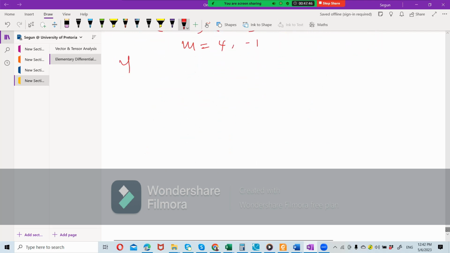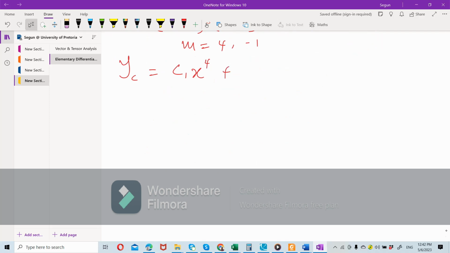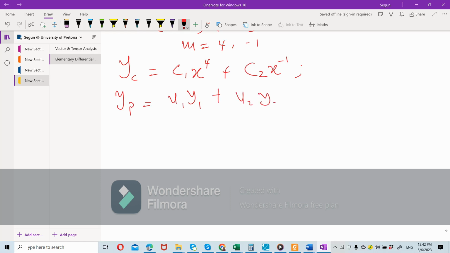So here you have YC, which is the complementary solution. What is it? We have C1 S raised to power 4 plus C2 S raised to power minus 1. Then don't forget our YP will be U1 Y1 plus U2 Y2.